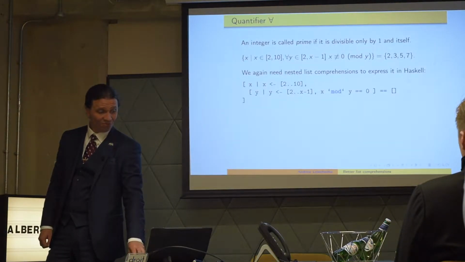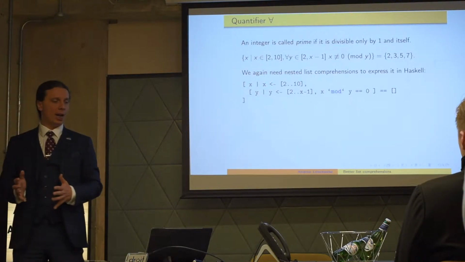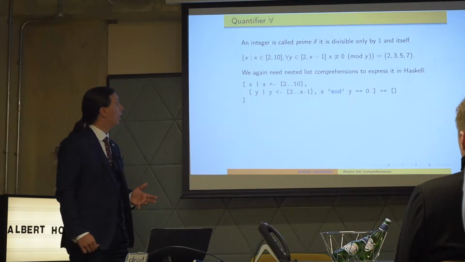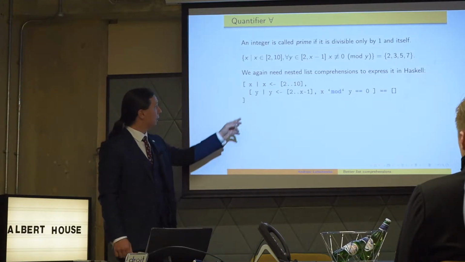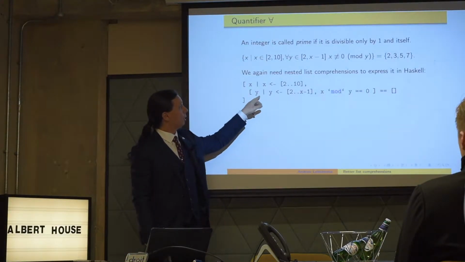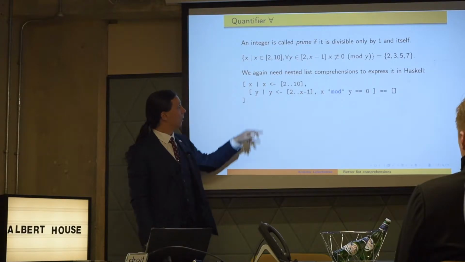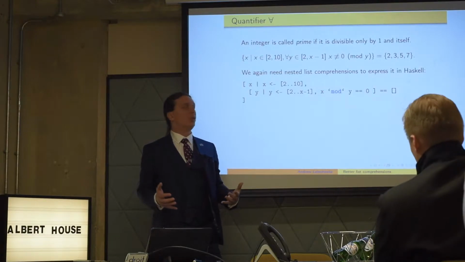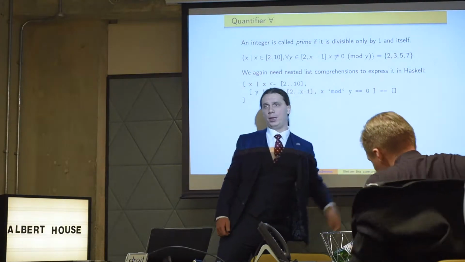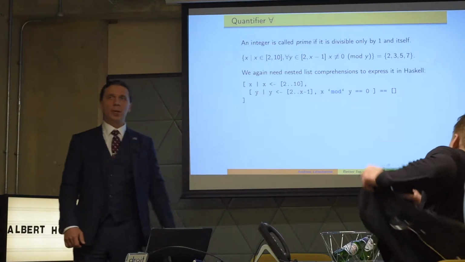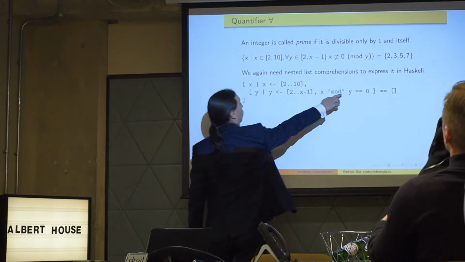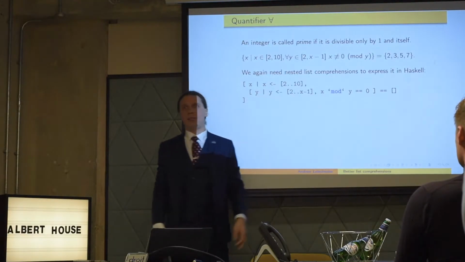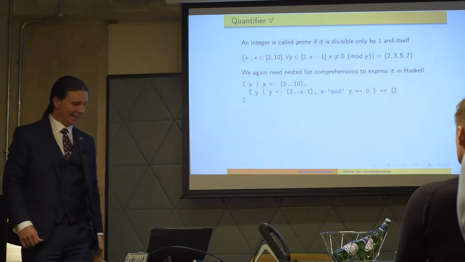And we again can use nested list comprehensions to express it in Haskell in a very similar way. This time I'll say that here in the inner list comprehension is a list of y's which are divisors of x, and my filtering condition is that this list is actually empty. So this means that if there are no y's dividing x, then for all y's, x is not divisible by y.